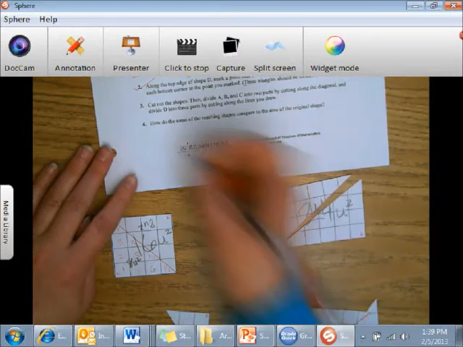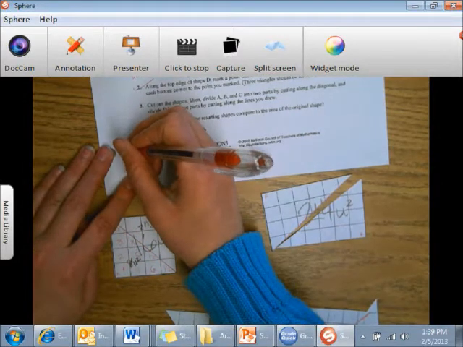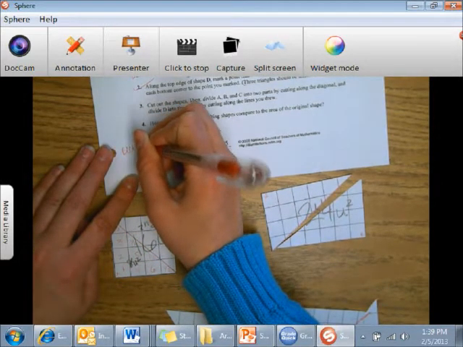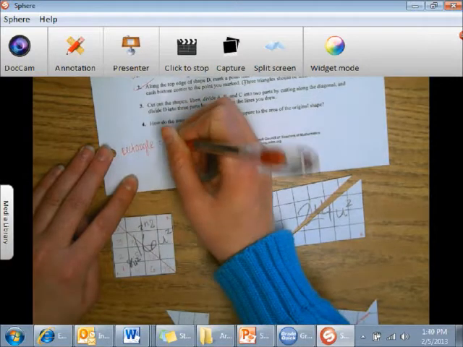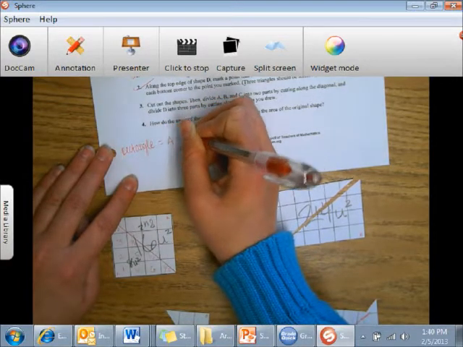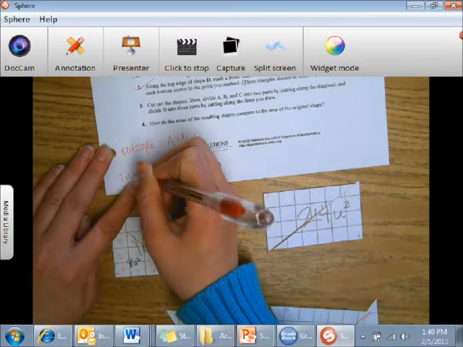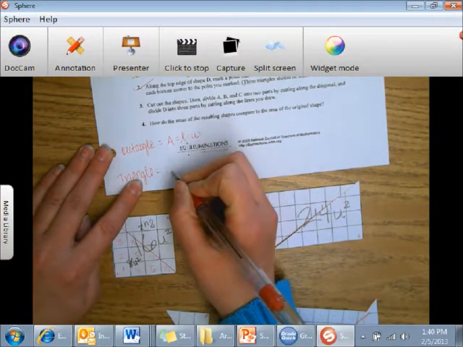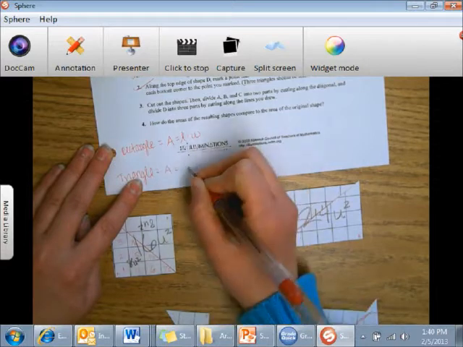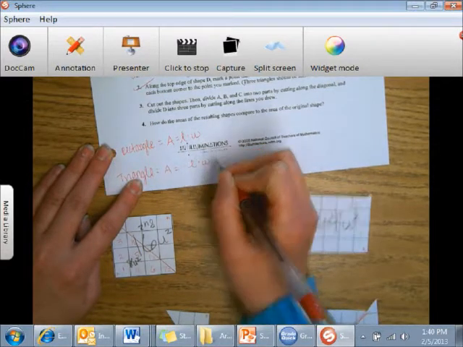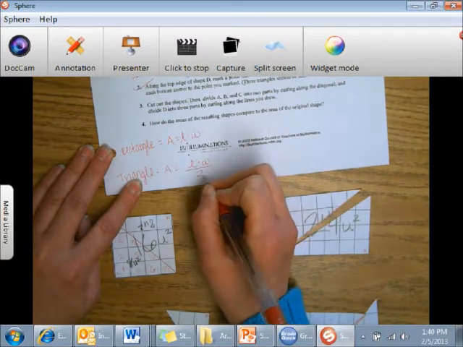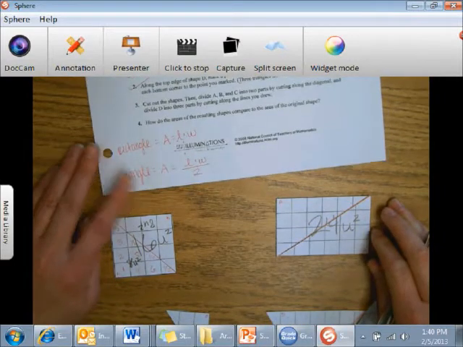So if our formula for a rectangle is area equals length times width, then a triangle's formula would have to be area equals the length times the width and then divided by 2, right?